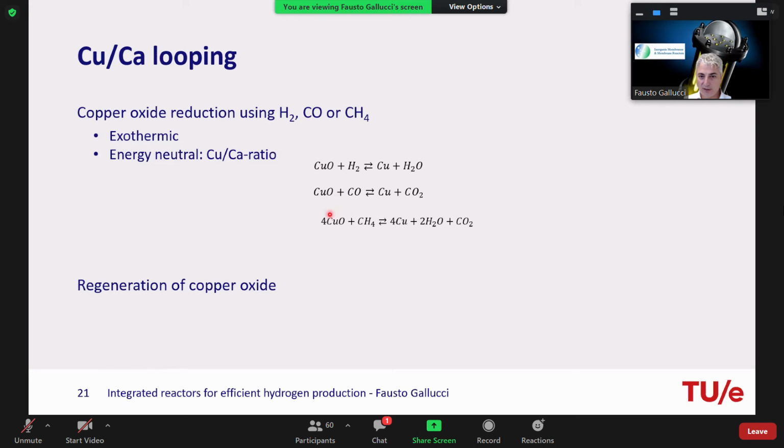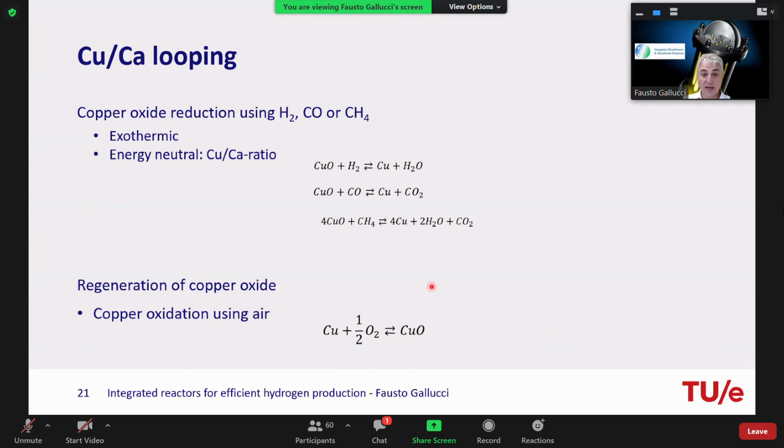Now, the copper is used because the reaction with hydrogen and CO is exothermic, so it's supplying the energy to the calcium carbonate to become calcium oxide. And of course, again, once the copper is reduced, you have to regenerate the copper, and you can use air, because this is the reaction that occurs. Copper plus oxygen, you have again copper oxide that you can use in this reaction here.